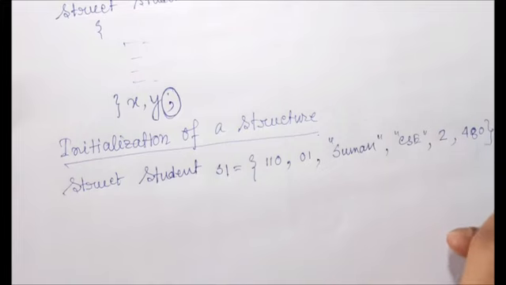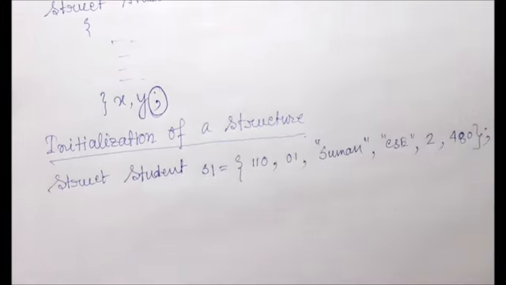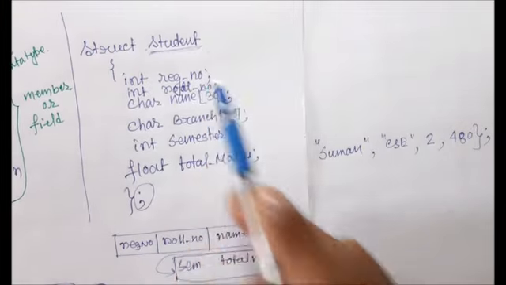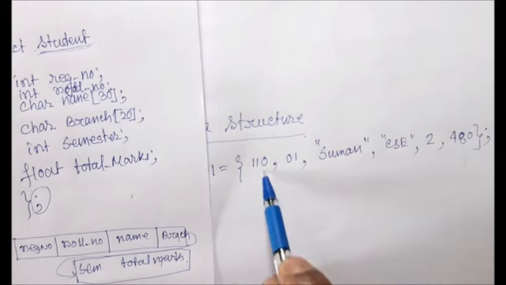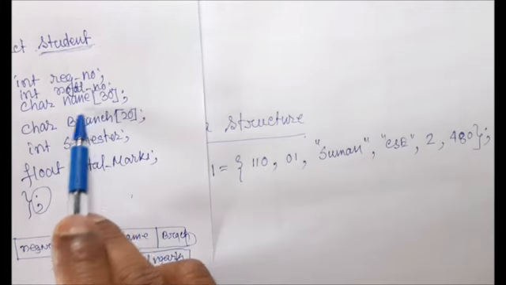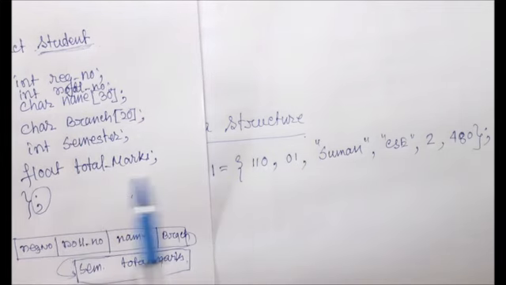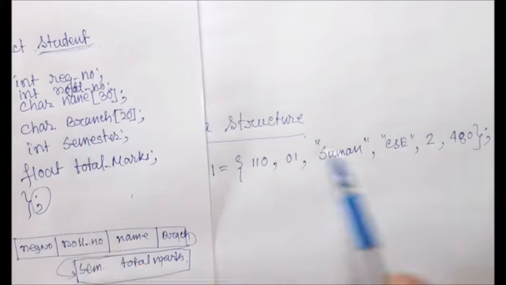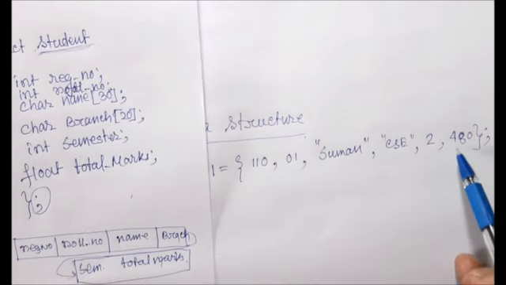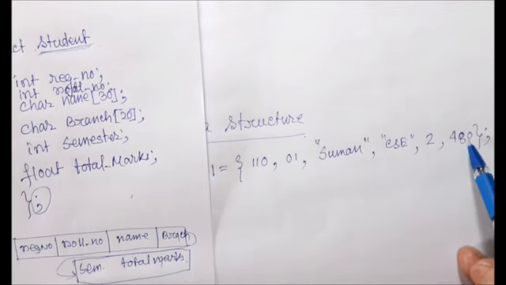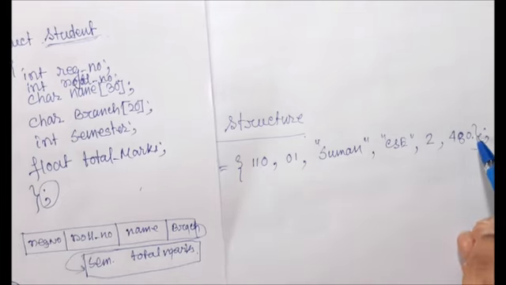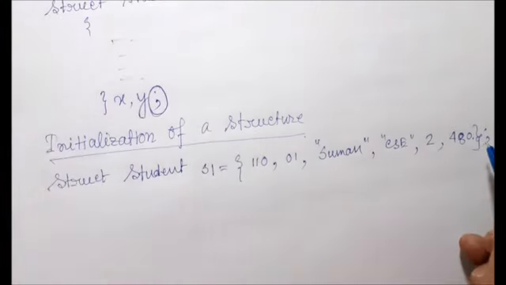Then you have to use the semicolon at the end. Compare with this one: registration number 110, roll number 01, character array name Sumon, branch CSC, semester 2, float total marks 480.05.